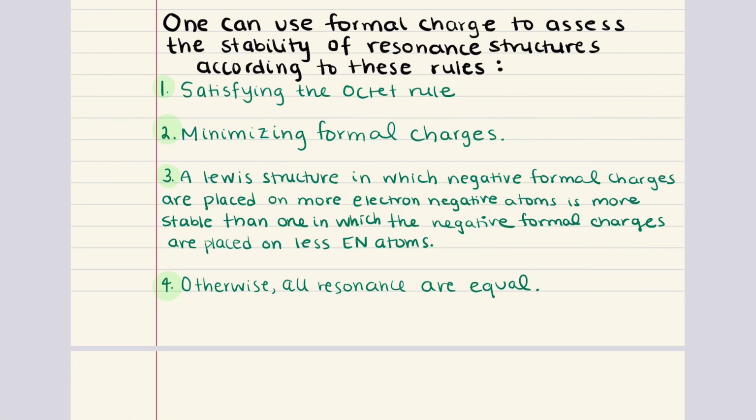Now, in this case, it's important to identify the most significant resonance structure. And what we're going to have to do here is learn the rules for identification. How do we identify which structure is the most significant resonance structure?